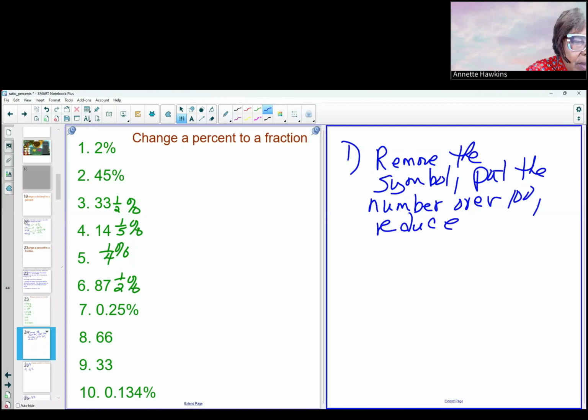All right, so this is 2 over 100. And we want to reduce that. And 2 will go into 2 one time, 2 will go into 100 50 times. So 2% is 1 over 50. Any questions about that?